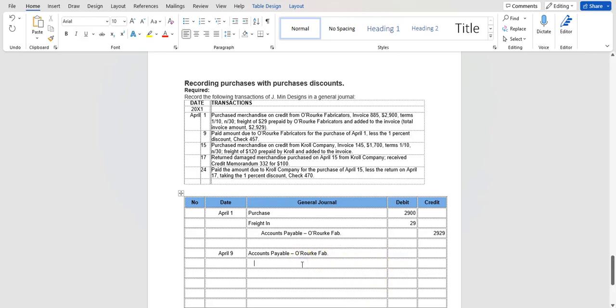Then we have a discount, and we record our purchase discount. It's 1% of our $2,900, not the freight in.